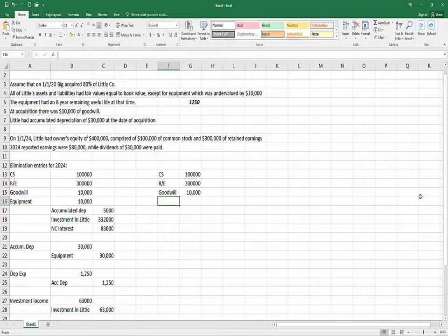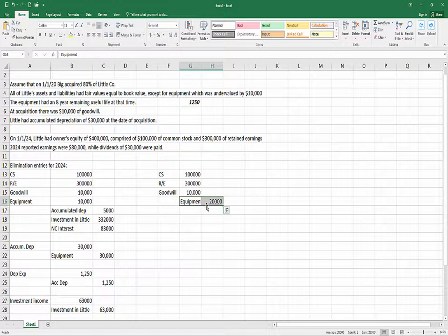So if you get a $30,000 reduction in a contra asset, if you're reducing the contra asset, that increases the asset, right? So if you're reducing the contra asset by $30,000, that's going to increase the asset value by $30,000. You only want it increased by $10,000. So you're going to have to go ahead and credit equipment for $20,000.